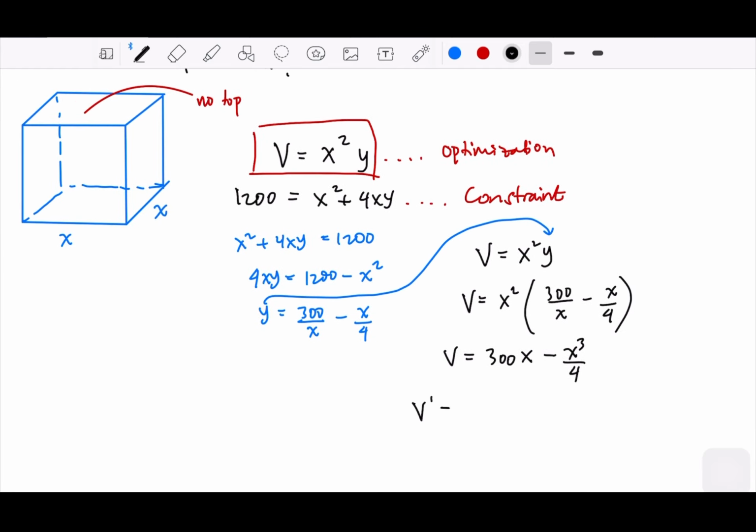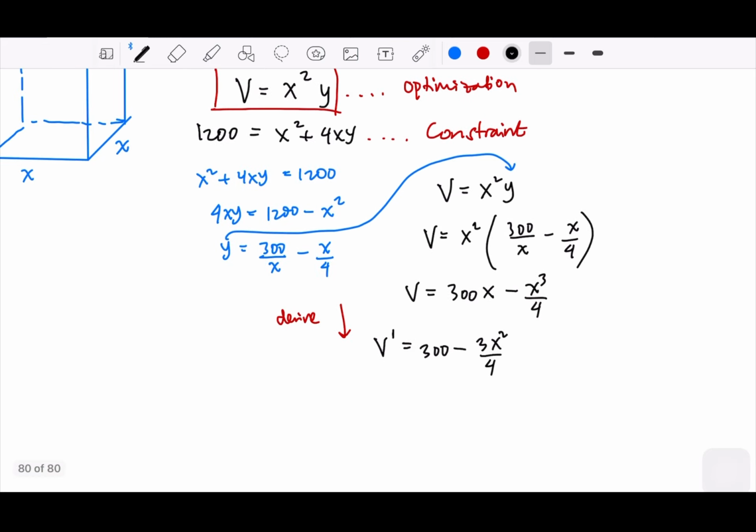Take the derivative. Why do we need to take the derivative? Because we want to find the critical point. Okay. So to derive, the critical point will be when the v prime is equal to 0. So 300 is equal to 3x squared over 4, or x squared is 400, which means that x should be 20. Why don't we include the negative?